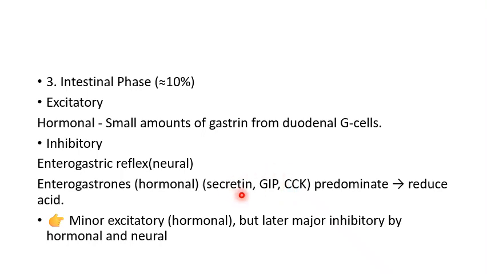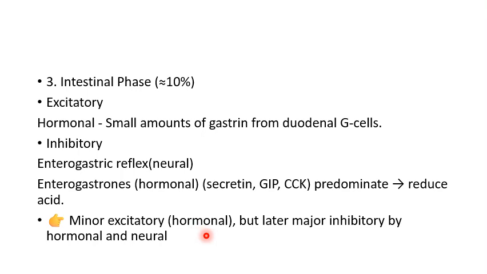And these hormones have a negative influence. They will inhibit the gastrin release and thereby reduce the HCl secretion. So this is by the release of enterogastrones, which is hormonal. So to sum up the intestinal phase, the minimal excitatory part is hormonal, and the major inhibitory part is contributed by both hormonal and neural.